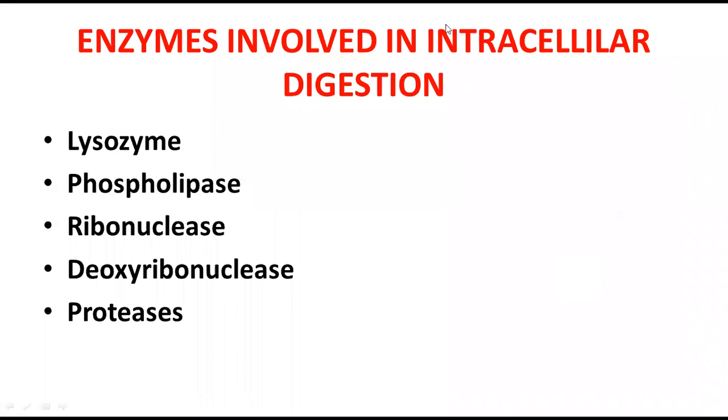The lysosome consists of these enzymes. The first enzyme is lysozyme, a special type of enzyme involved in the breakage of the peptidoglycan layer. As we know, gram-positive and gram-negative bacteria have a peptidoglycan layer in their cell wall. What does lysozyme do?